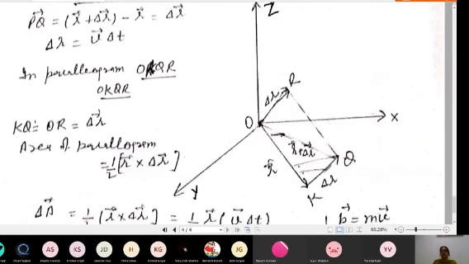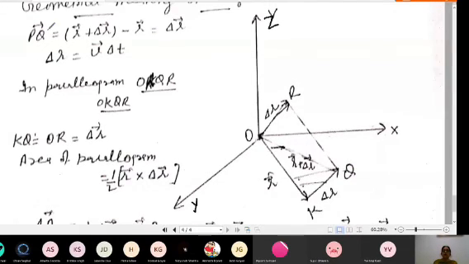I want to move the body from position K to position Q. Suppose R is the position vector for the K position, and at the Q point the position vector is R plus delta R. Then the displacement vector is KQ. This is your z-axis.